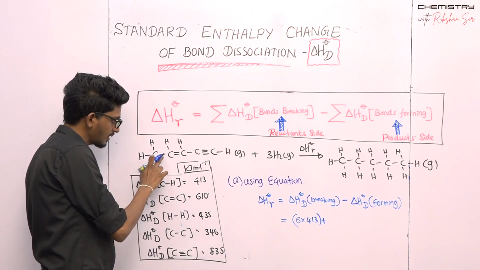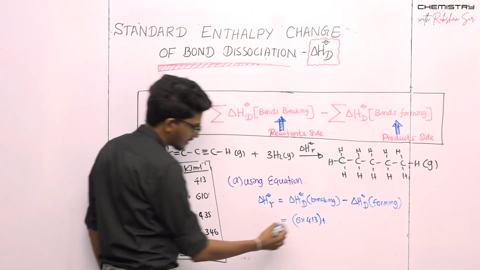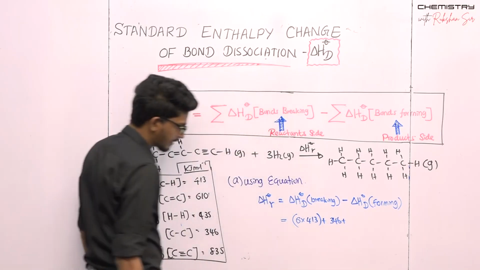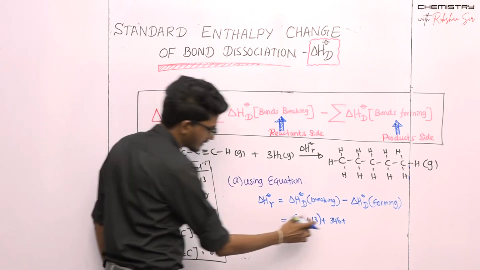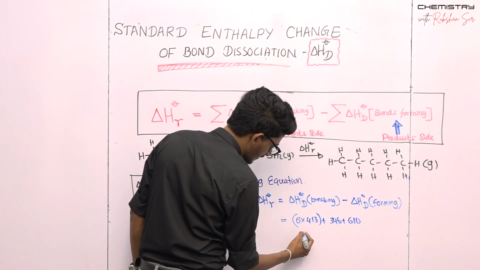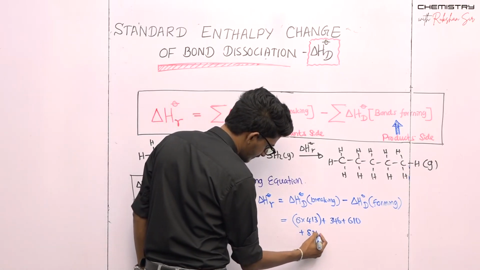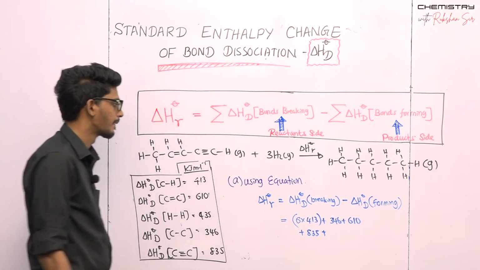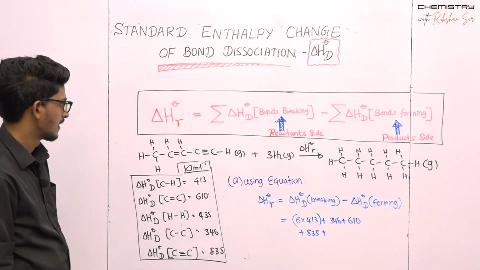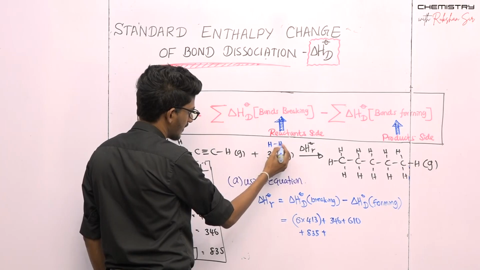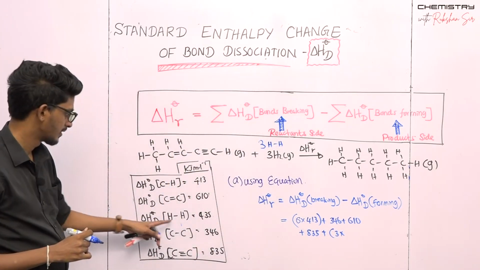And 1 C-C single bond, that is 346, plus 1 C=C double, that is 610, plus 1 C≡C triple, 835, plus, that's all with this compound here, and 3 H-H bonds. 3 into H-H, that value is 435.